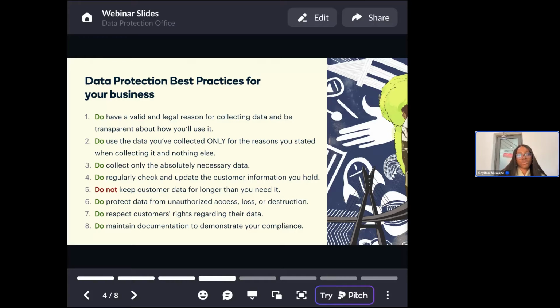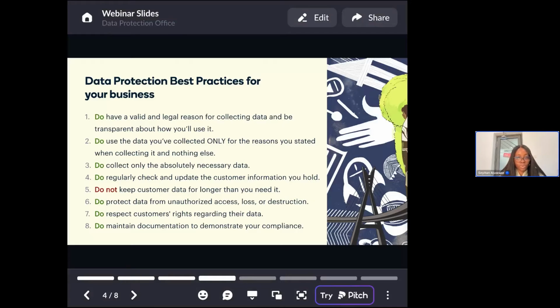All right. So moving on to the next point, do not keep customer data for longer than you need it. There can be a tendency to just hold on to data even when you're no longer using it for whatever reason. But that is not the best course of action.